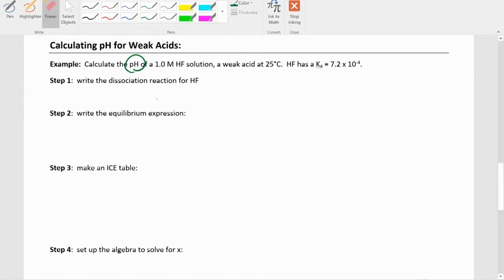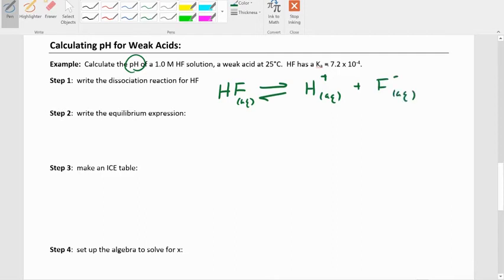So again, I'm going to start by writing the equilibrium expression, or the reaction. Sorry, my bad. So it's hydrofluoric acid. Again, this is aqueous. I'm going to write the physical states because that reminds me that this is not a Ksp. It's going to break up into, or dissociate into, some H plus ions and some F minus ions.